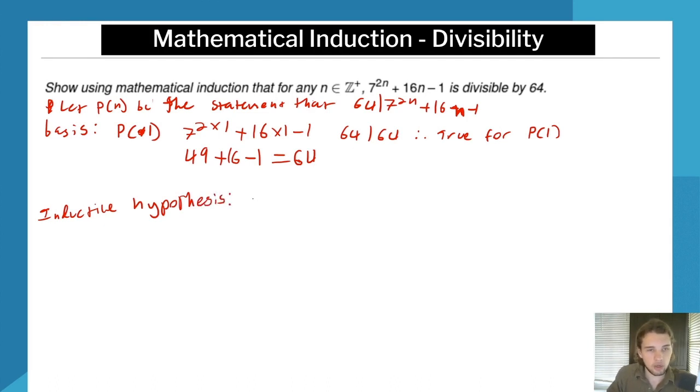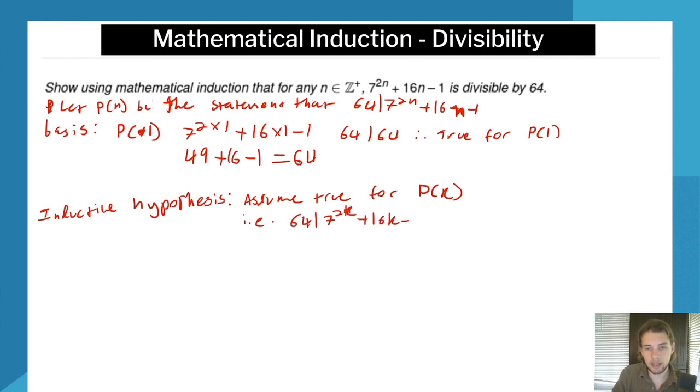So we're going to assume true for Pk, i.e. 64 divides 7 to the 2k plus 16k minus 1. With this inductive hypothesis, with divisibility, we can write the same form that we did up here for n, but then we can write this same statement in a different form that's much more helpful to us.